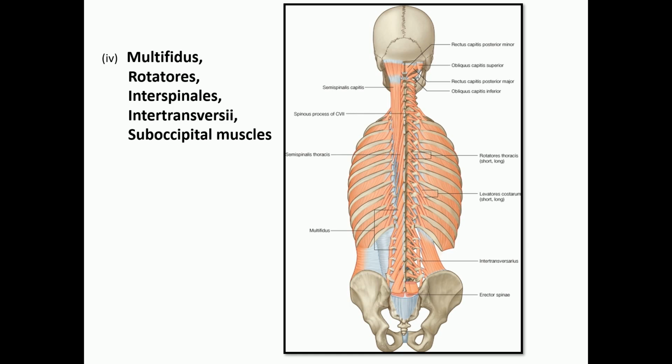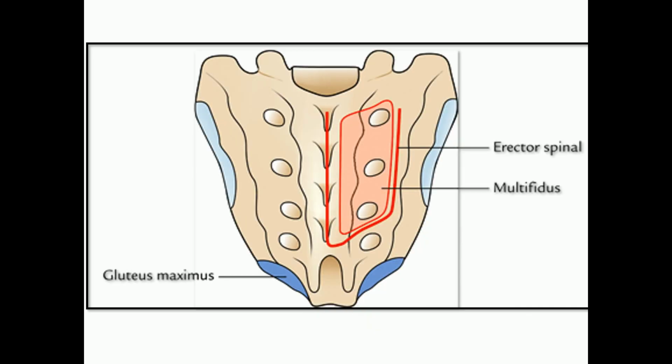Okay, so these are the deep muscles of the back, arranged from superficial to deeper planes. The superficial plane has trapezius and latissimus dorsi. The second layer has levator scapulae, rhomboid minor and major, serratus posterior superior and inferior, then splenius capitis and cervicis.